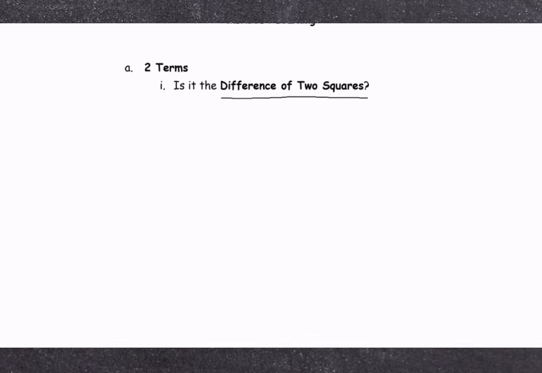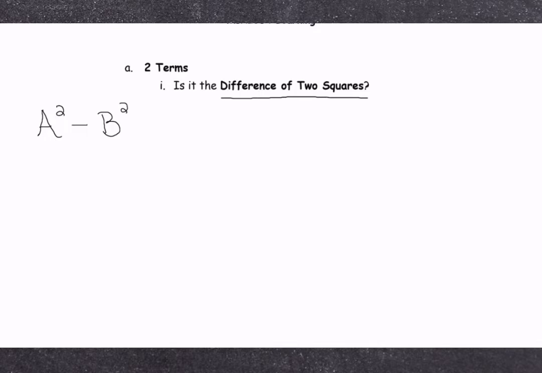Okay, if you have difference of squares, here's a generic rule right here. Difference of squares says you have two terms and the terms are squared, and then there's a subtraction sign in the middle.